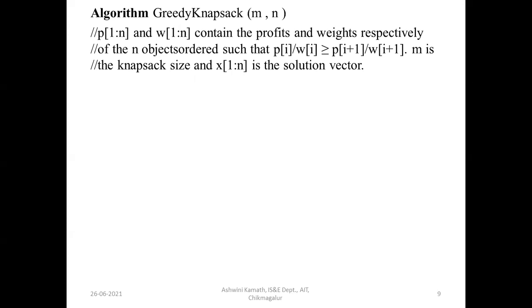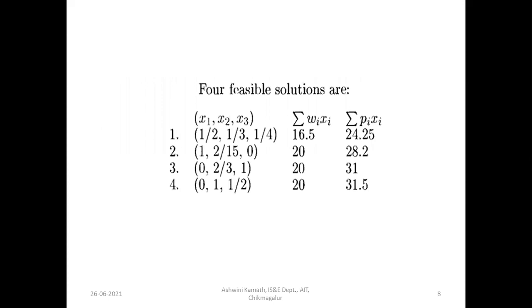The objects are sorted in decreasing order of profit by weight ratio, where m is the capacity of the knapsack and n is the number of objects, and x of 1 to n is the solution vector. In the solution vector, we'll have values like 0, 1, half.